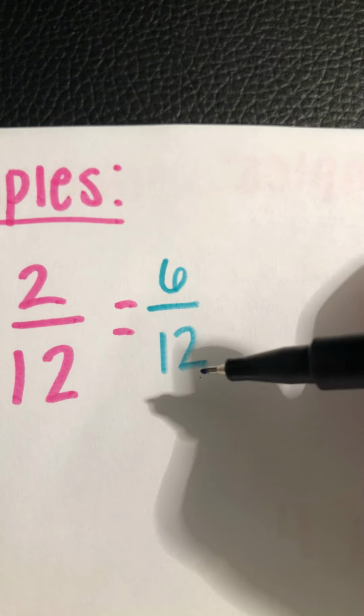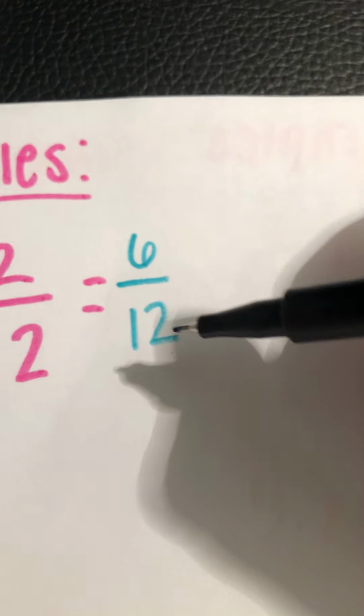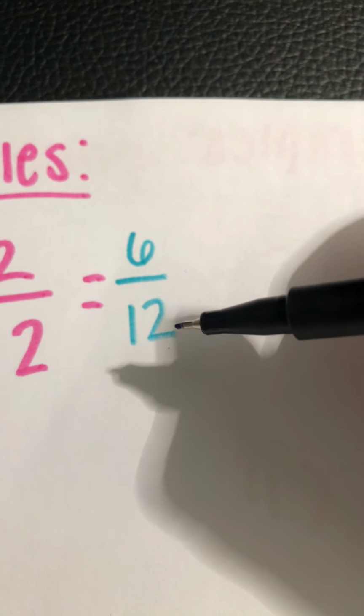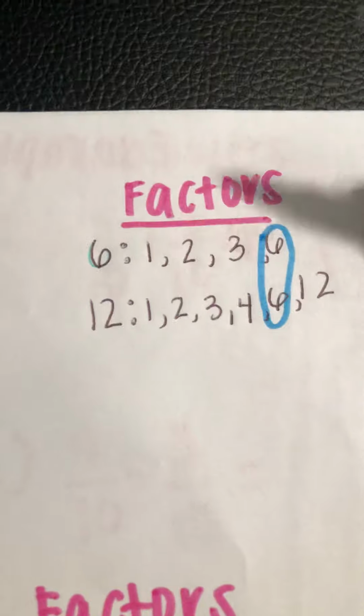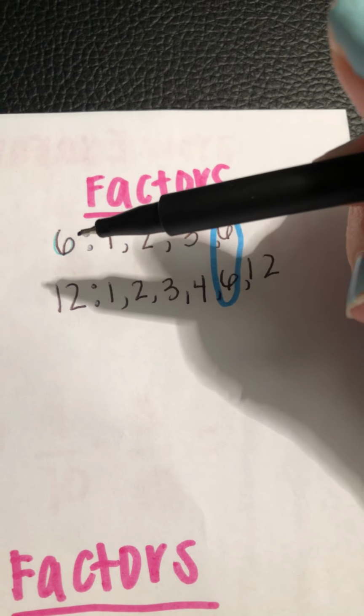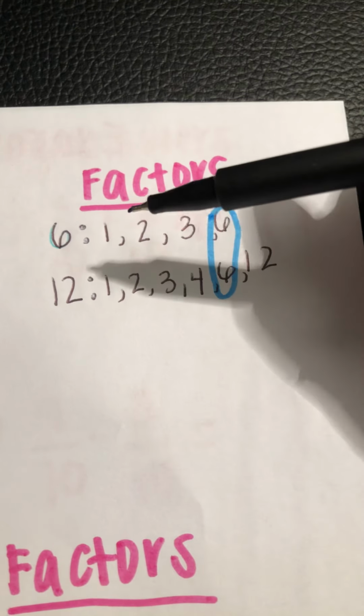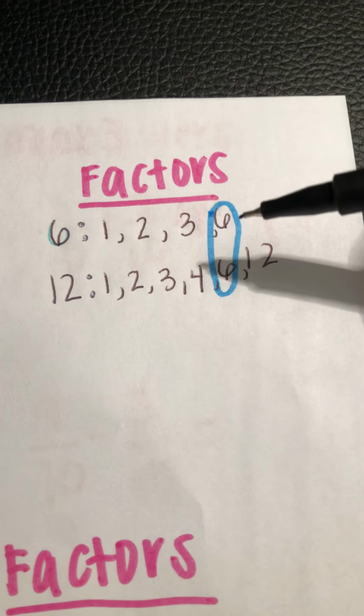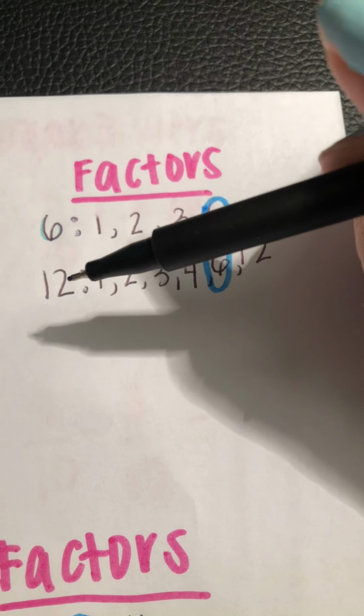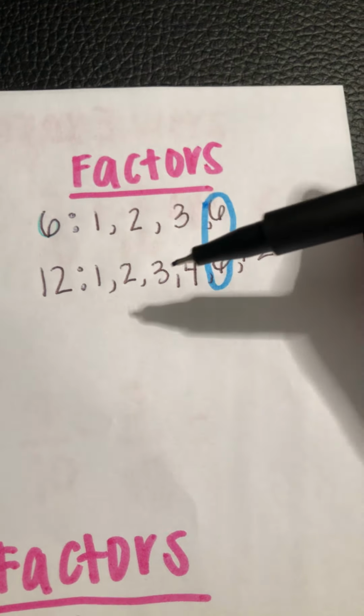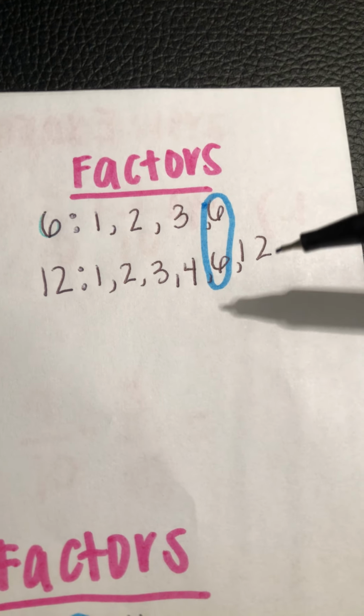And I have 6/12. Well, I need to decide, can I simplify that or not? So I'm going to make my factors of 6 and 12. The factors of 6 are 1, 2, 3, and 6. And the factors of 12 are 1, 2, 3, 4, 6, and 12.